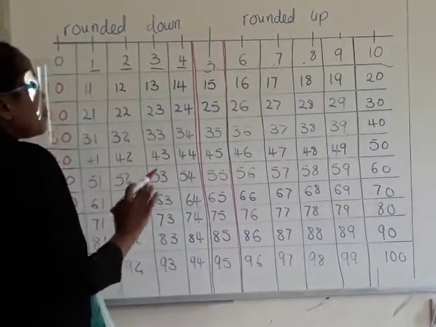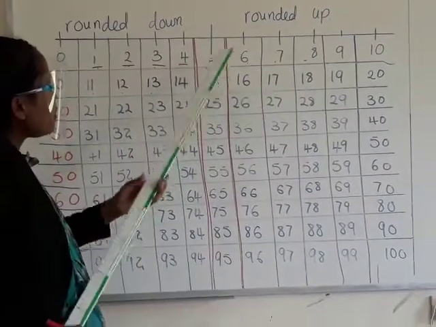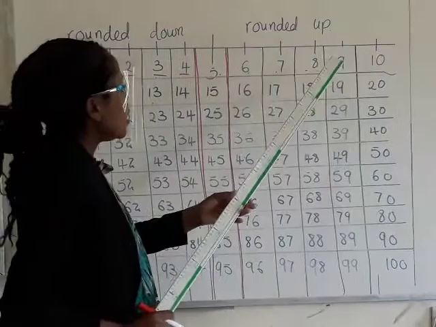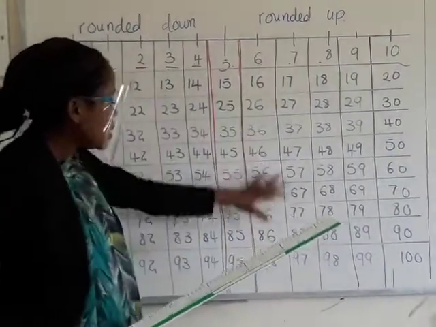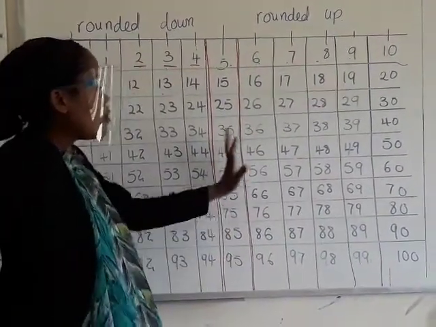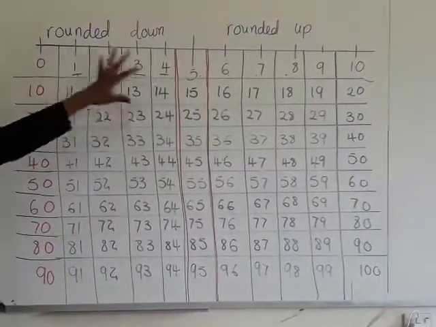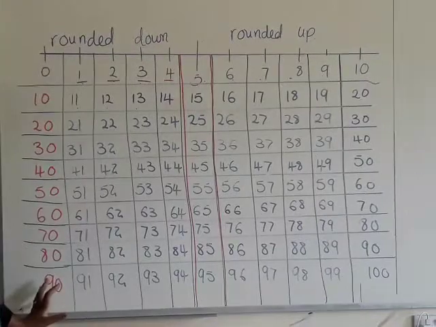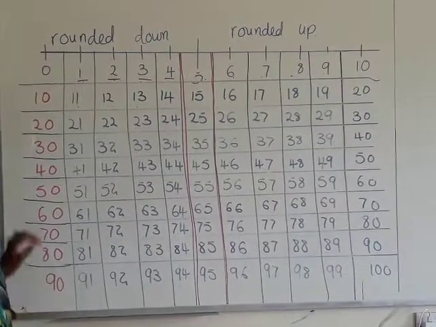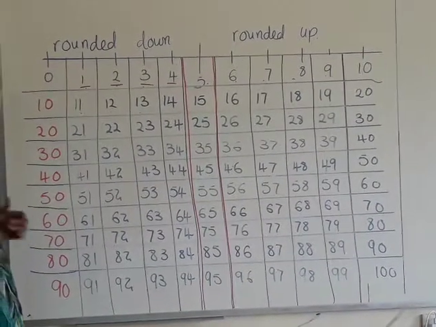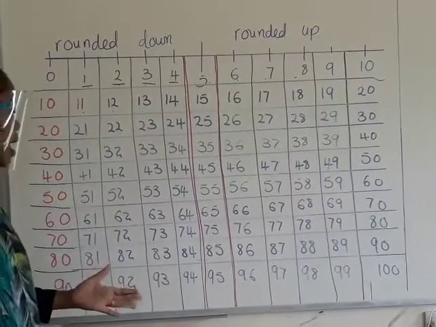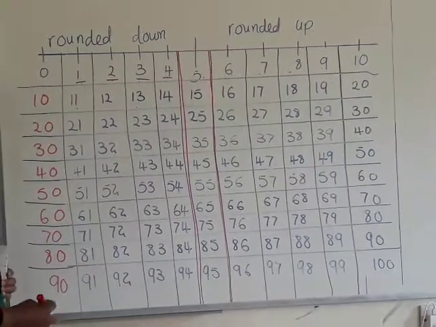If you don't mind, you can make this 100 square at your house, so that you should be able to explore rounding down, rounding up, or to the nearest 10.